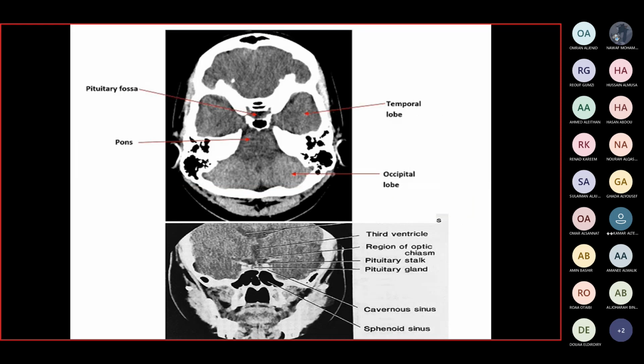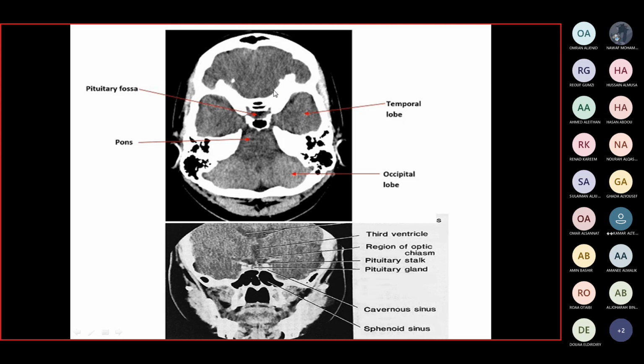As I mentioned, CT is another technique used for assessment of the pituitary gland, but it is not the investigation of choice. It is usually done when we are interested in the assessment of the bone, to look for bone erosion or to look at the sella turcica in general.